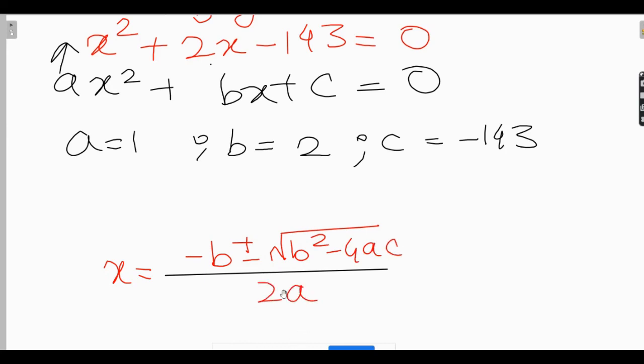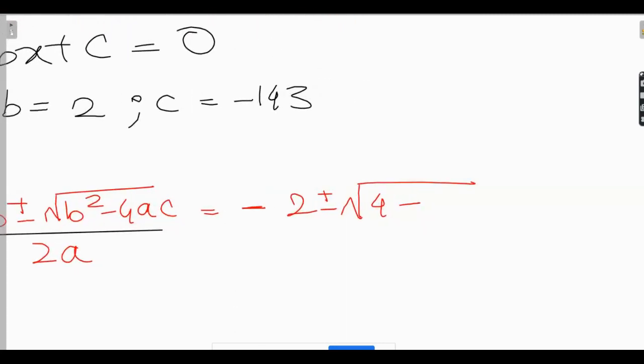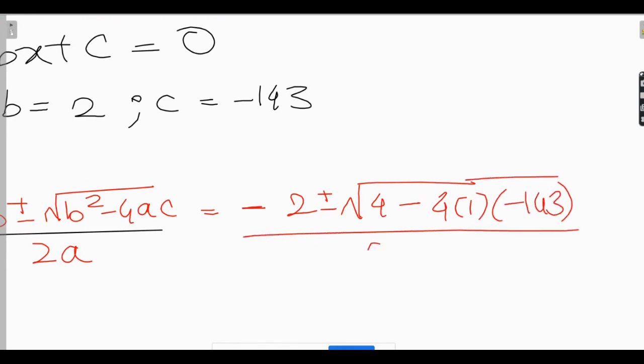So now in this case, your minus sign is as it is. b is 2, square root of b square, square of 2 is 4, minus 4ac. So a is 1, c is minus 143, upon 2a. Okay. Now let's just solve this.